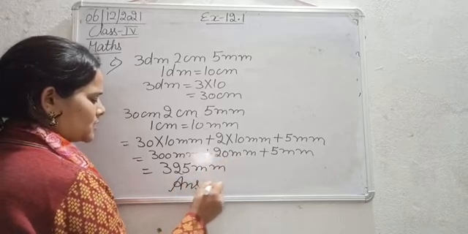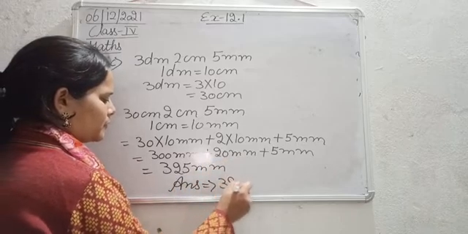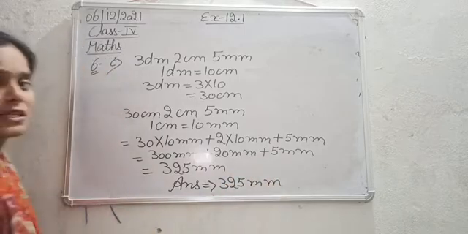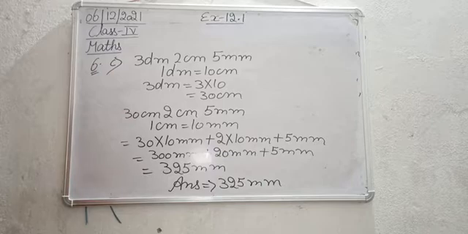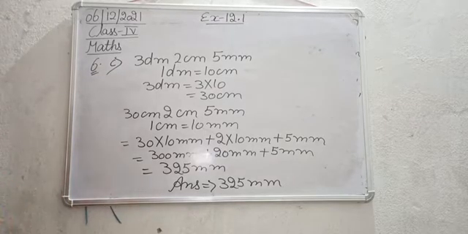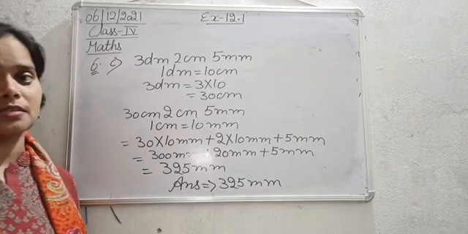And this is the answer. Okay. So this is the solution for the C part of question number 6. You can pause your videos here and note down the solution for the C part of question number 6.